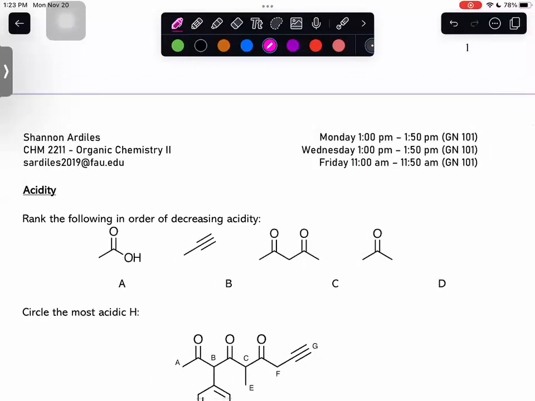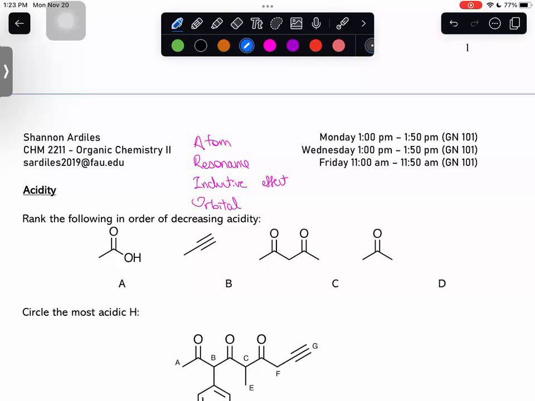Okay, if we're not given pK values, we're just going to start using either CARDIO or ARIO. They're the same exact thing. So we know that it just stands for atom, resonance, inductive effects, and then orbital. Remember, for ARIO, you have to go through each of the specs individually.